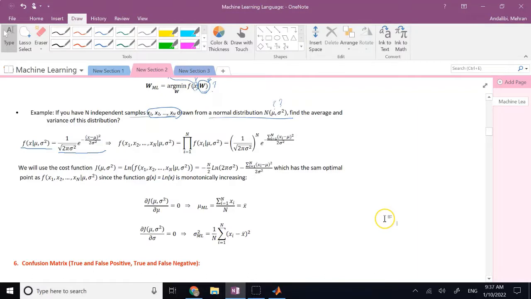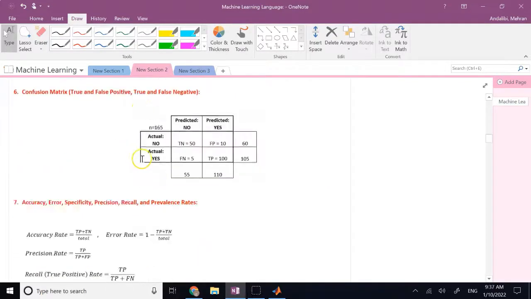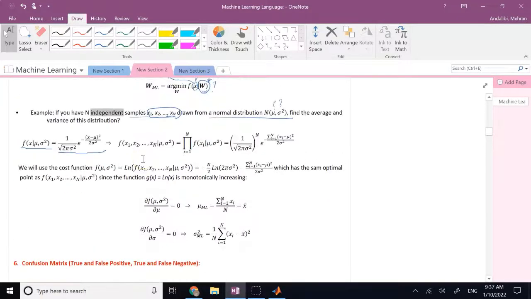Good. Now here, let's assume that drawing any of these samples from the distribution, or generation of any of these outputs, has nothing to do with the other ones. In other words, these data are independent from each other. In the rest of this video, at some point, I'll talk about conditional probabilities and independence. But it means the chance of drawing x1 has nothing to do with x2 or xn or anything, right?